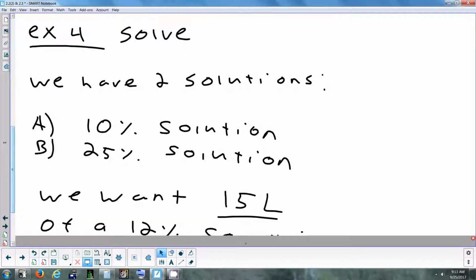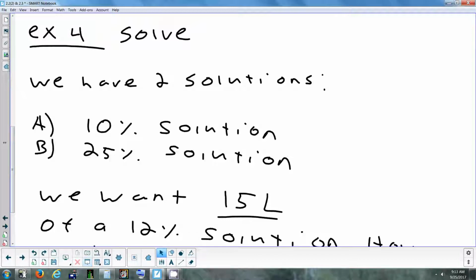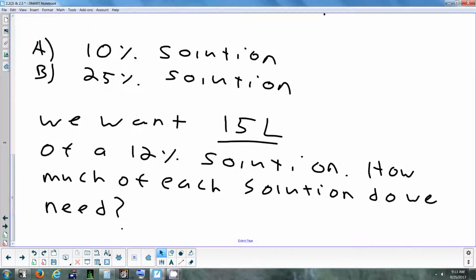All right, so we have two solutions, a 10% and a 25%. We want to mix them together so that when we're done, we have 15 liters of 12%. How much of each do we mix?